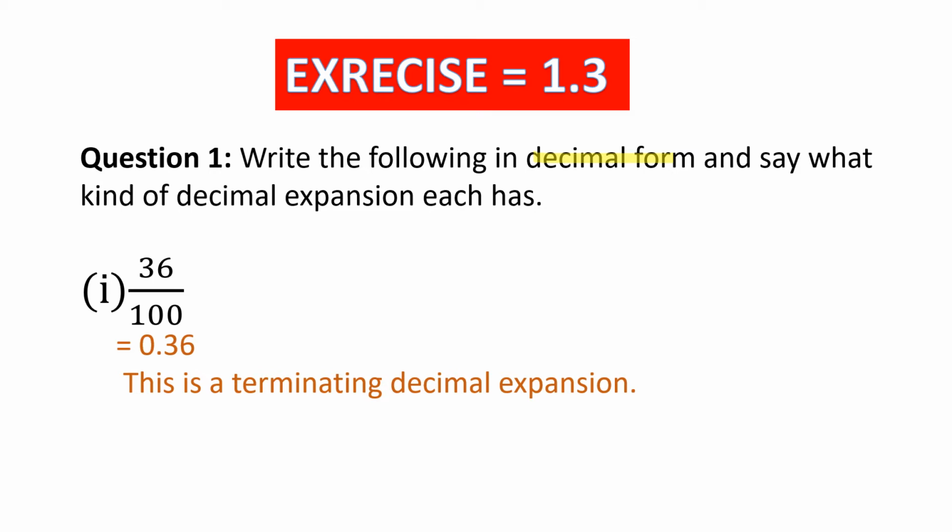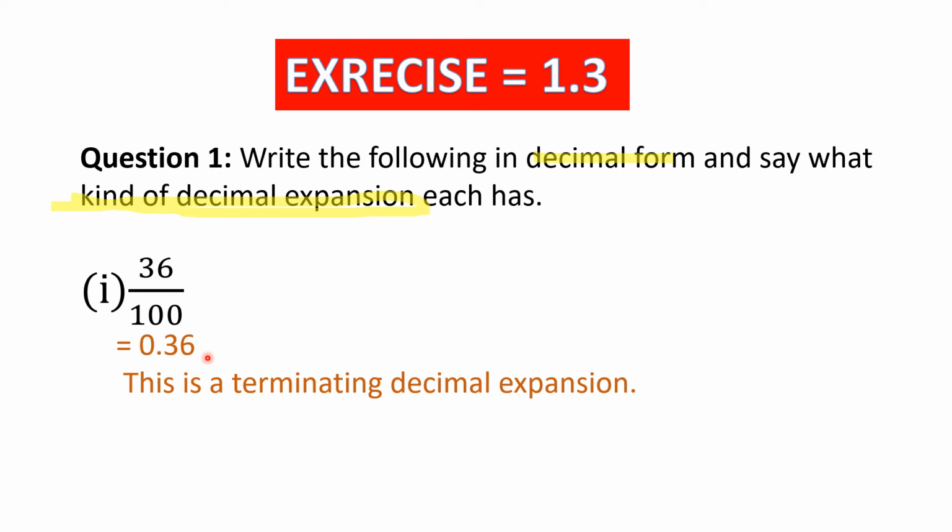Write the following in decimal form. So we have to write the given number in decimal form, and looking at the decimal form, we have to say what kind of decimal expansion this is. We have learned about three kinds of decimal expansion. First is terminating, then non-terminating repeating, then non-terminating non-repeating, right? So the first one we have solved here. When I divide 36 by 100, I get 0.36, right?